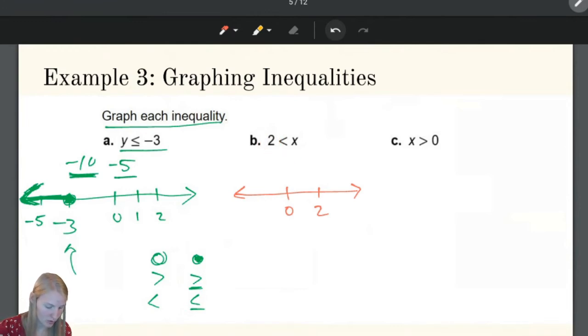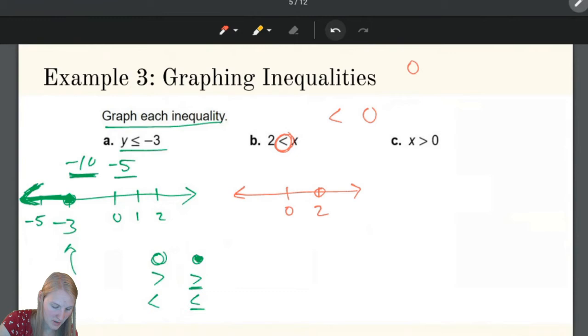Okay, so now we need to put a circle on 2, on the number we care about. Now, remember, because this symbol does not have a line underneath it, it just looks like this, I leave the circle open. And in fact, let's write that up here.